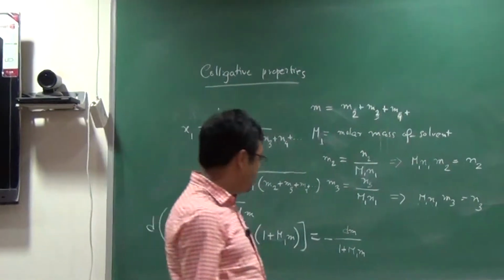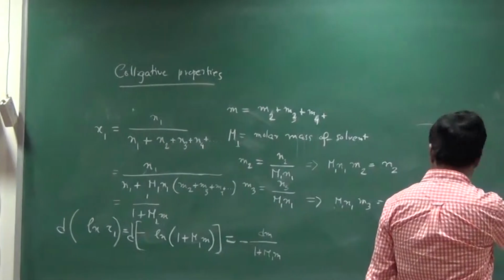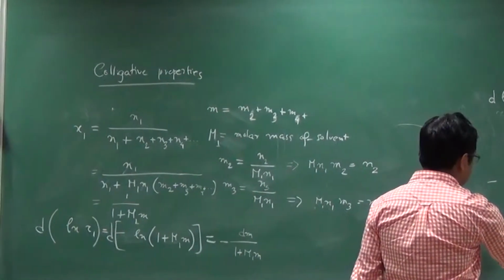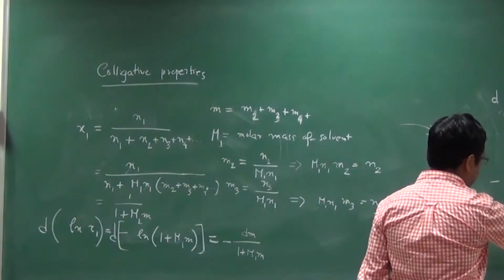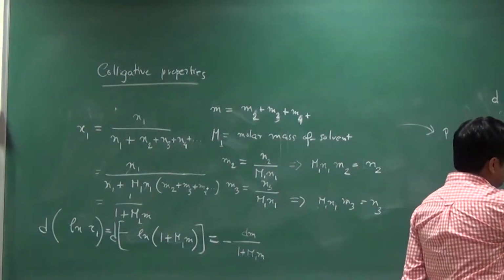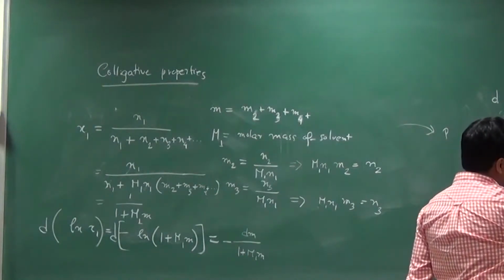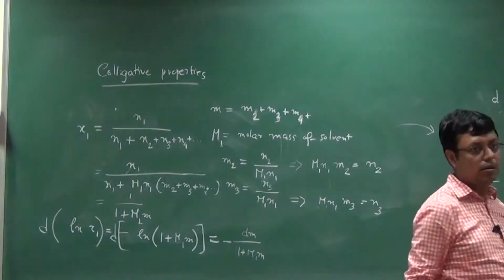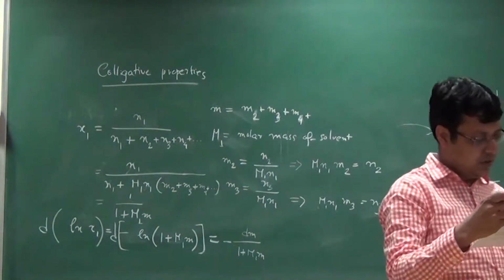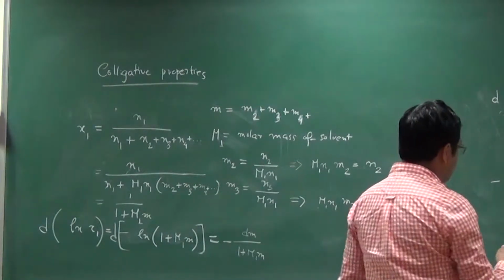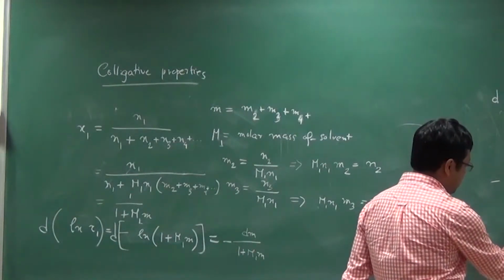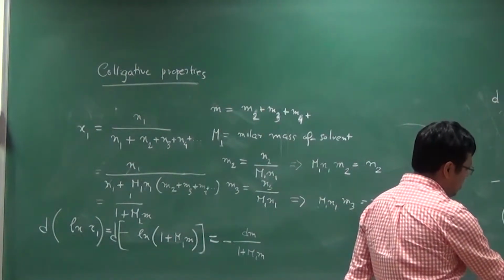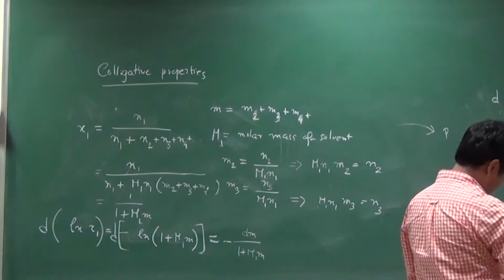So what I had is minus m1 dm divided by 1 plus m1 m, which equals delta fusion H by RT square dT. Clear? So what we have finally is this thing, del T del m at constant pressure.